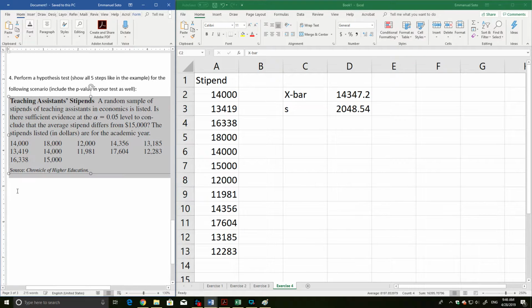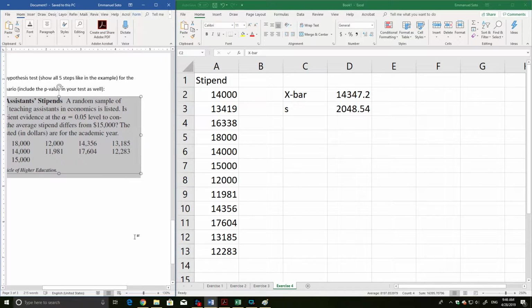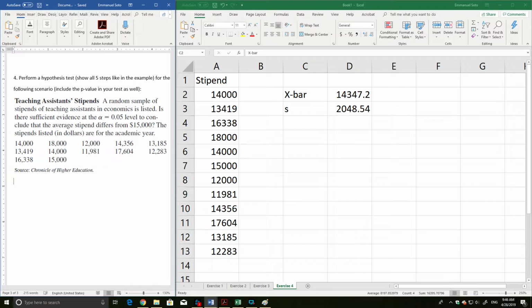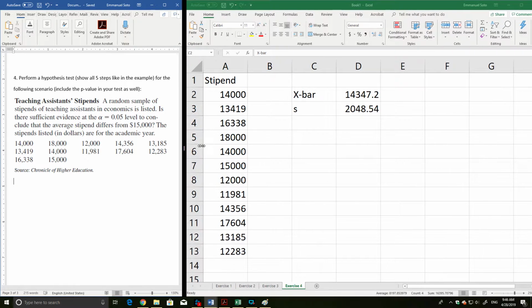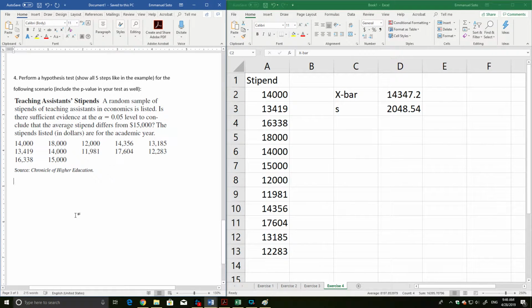Now we're going to go through the entire hypothesis testing process. Since the sample size is 12, we're using a z-test, or t-test, I'm sorry, t-test, since our n is less than 30.